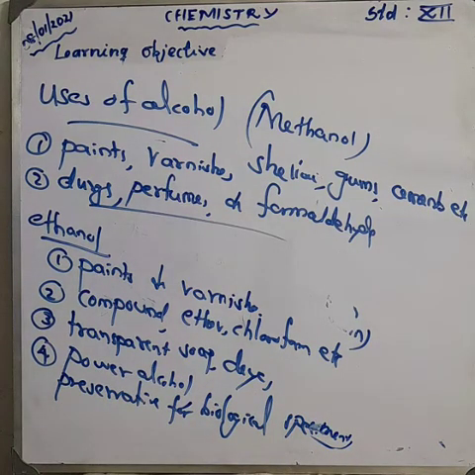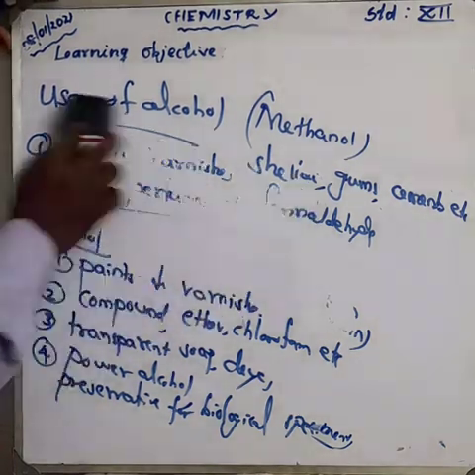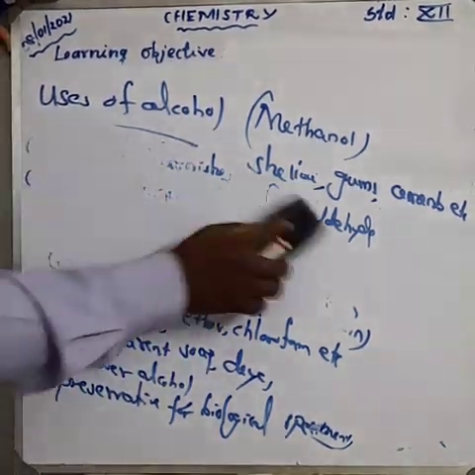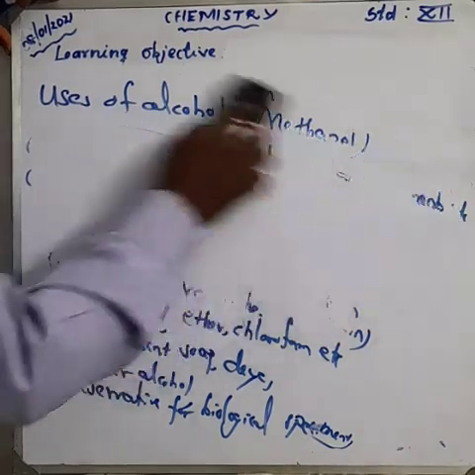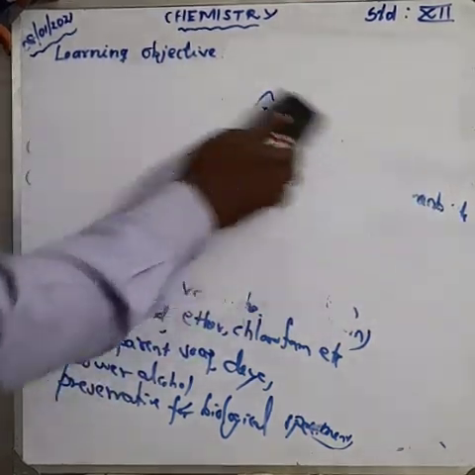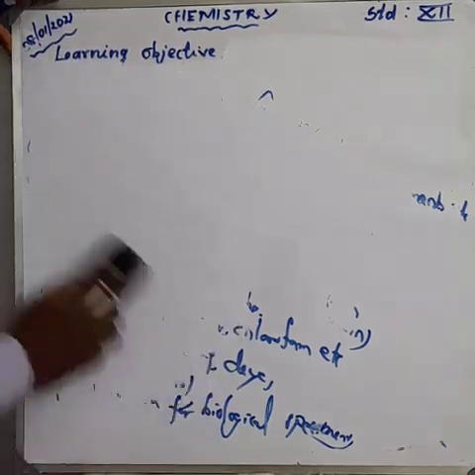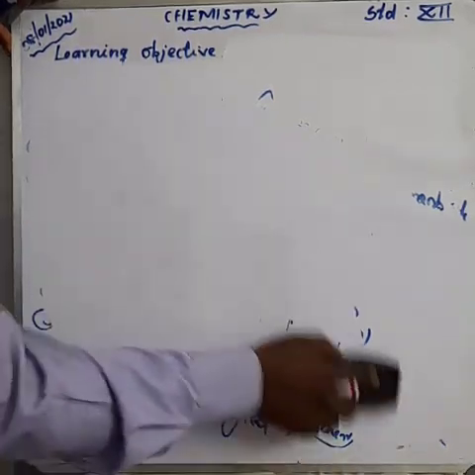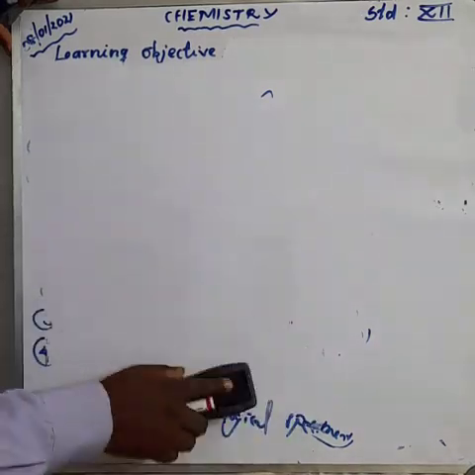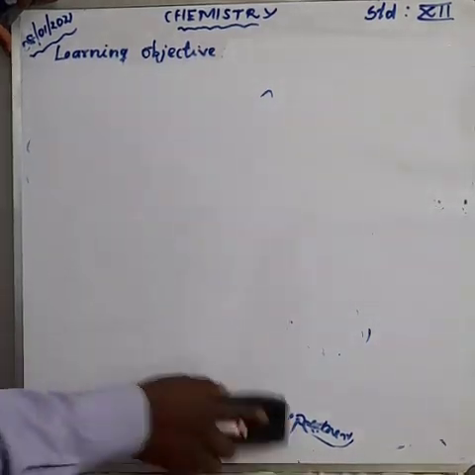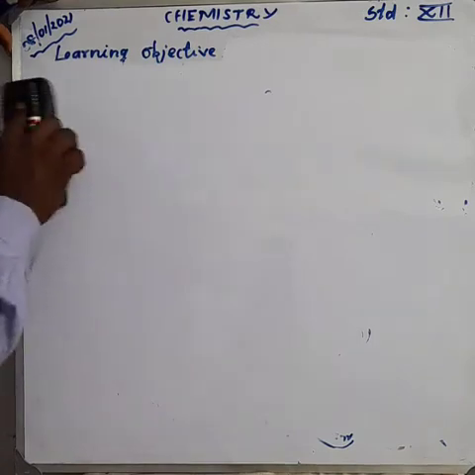Next, ethylene glycol. What are the uses of ethylene glycol? It is used, as we learned already, for TNG, that is trinitroglycerin. That's very important about ethylene glycol. Another use is as antifreeze in an automobile radiator.